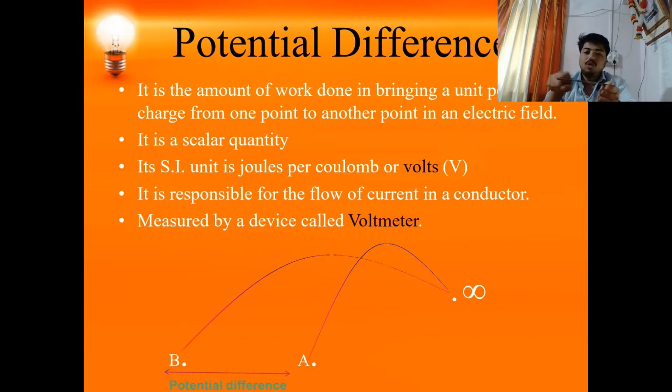Hence, there will be a certain voltage difference, a potential I am applying to this conductor. Hence, the electrons will start to flow, because electrons have net negative charge. They get attracted towards the positive terminal of my battery, and hence the current will flow from the positive terminal towards the negative terminal, as we consider the direction of current opposite to the flow of electrons. The potential difference or voltage is measured by a device called a voltmeter.